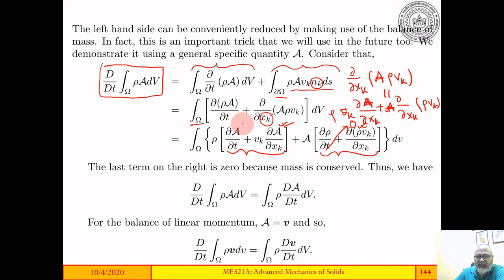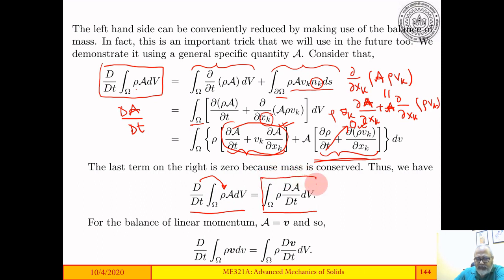You can see the term inside brackets is dA dt, which means that d/dt of the integral of rho A dV, the left hand side to start with, is equal to rho times dA dt. So because of the law of conservation of mass, this d/dt goes inside the integral.